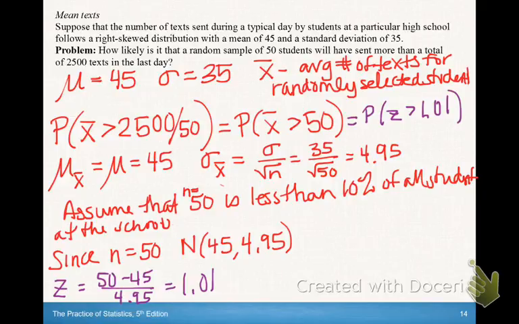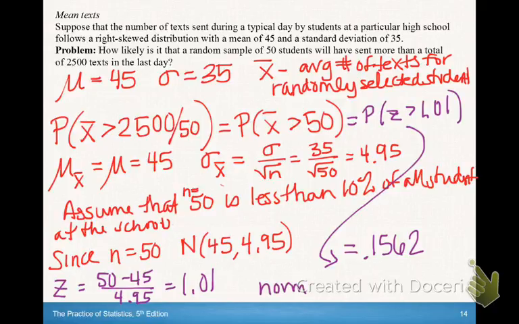If we use the back of the book, we would have to take 1 minus the number from the book, and we get 0.1562. If we use technology, remember you can write normal CDF on your paper, and we'd have to put 50, 1,000, 45, 4.95. And that also gives us an area of 0.1562.